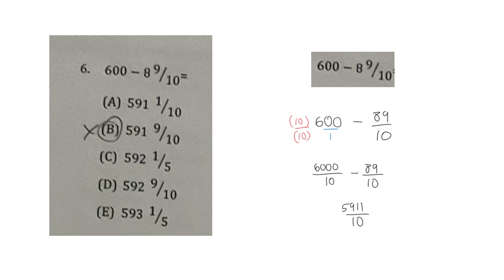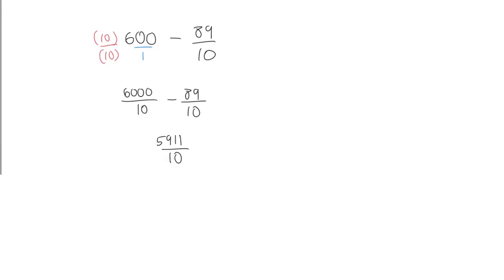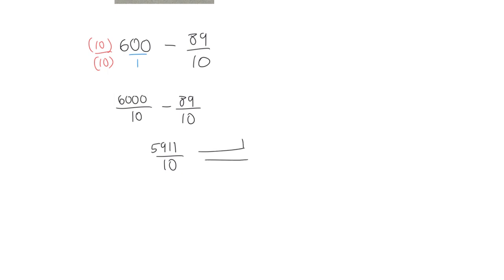We're going to have to convert an improper fraction to a mixed number. And the way to do that is you would have to sort of go off to the side and do a thing where you literally divide 5911 divided by 10, and you're going to take the remainder into account, and you're going to take the quotient into account.